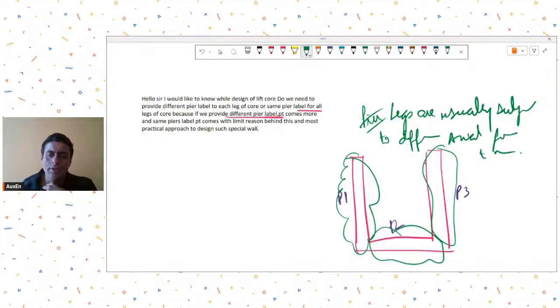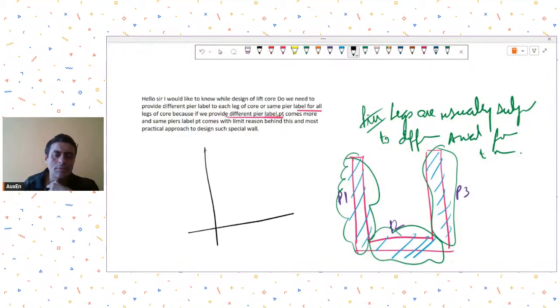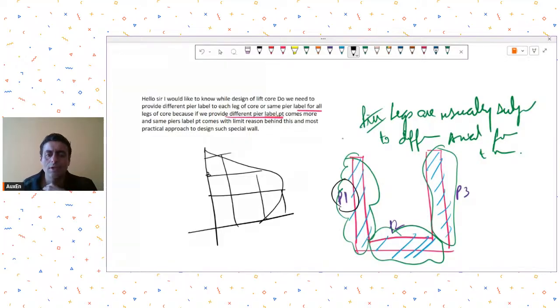So because of this, what may happen now? Consider this as a column in itself. This is also a column in itself. It's a wall, but the design procedure remains similar to that of a column. And let's say this is your PM interaction curve. So depending on the combination of moments and axial forces, you may fall in different regions of this PM interaction curve, right? So treating it as one section is not a very correct way of doing it.